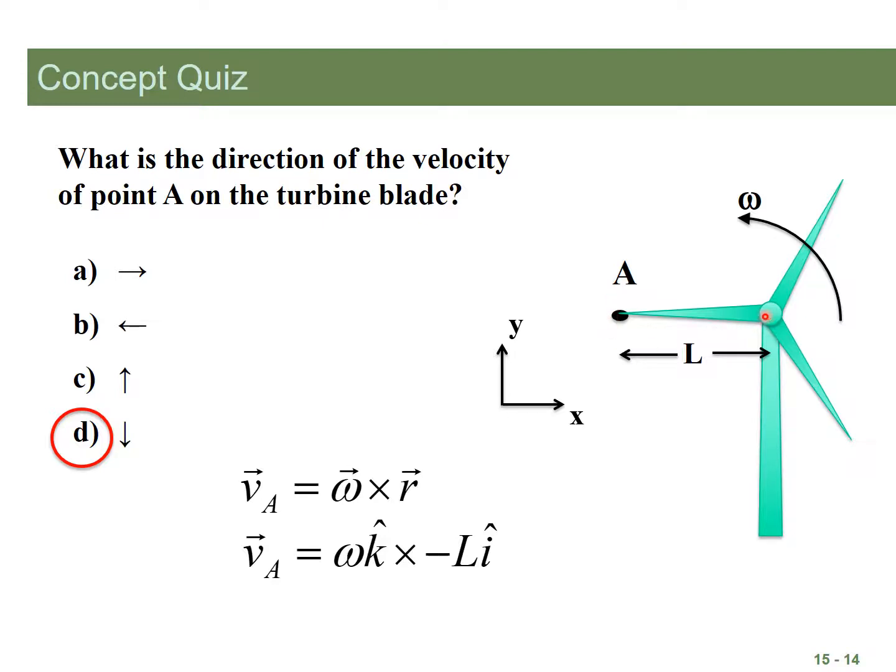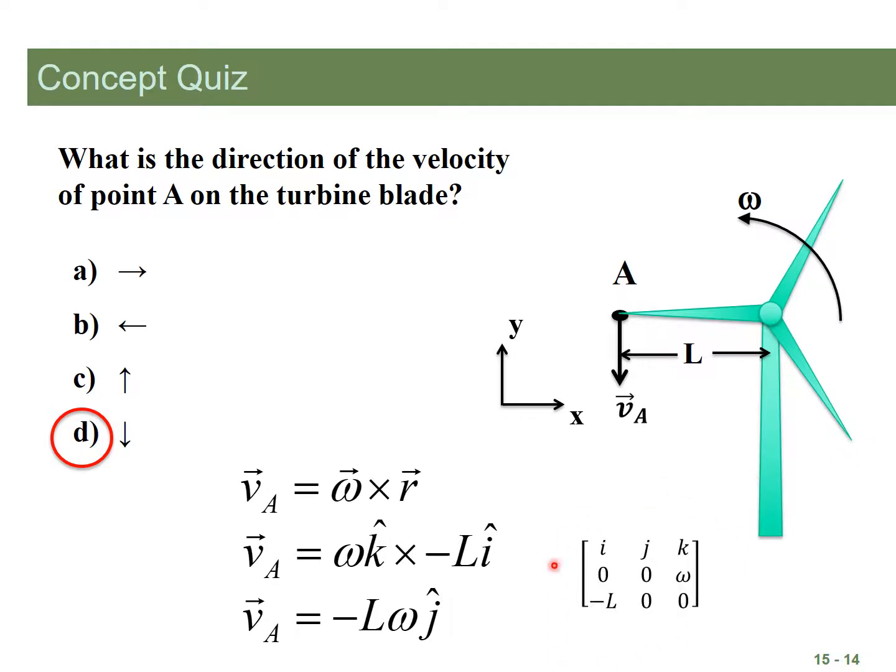So we're going in the left direction, so that would be negative i. Negative Li would be what our radius is, and if you chug through the cross product, our velocity would be in the j direction. So k cross i gives you a j direction velocity.